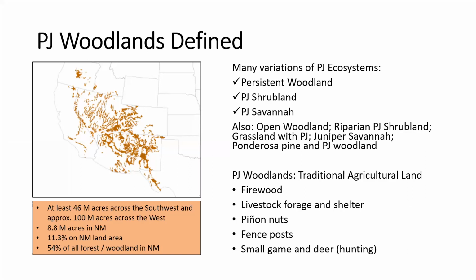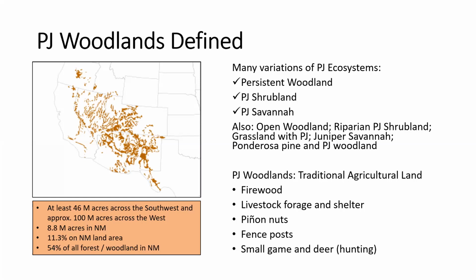Pinyon juniper woodlands are very diverse, and to better understand them, it's useful to identify different types of woodland ecologies. As I mentioned before, there are persistent woodlands, which are found where local soils, climate, and disturbance regimes are favorable for pinyon, juniper, or a mix of both.